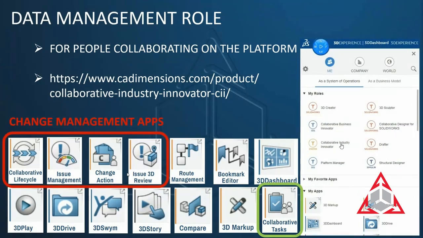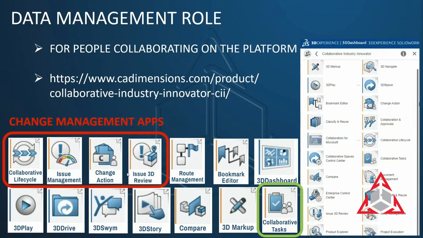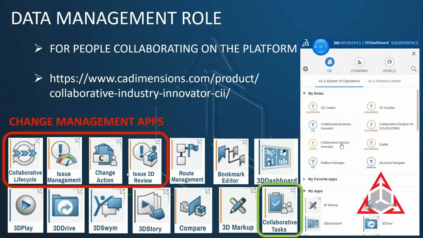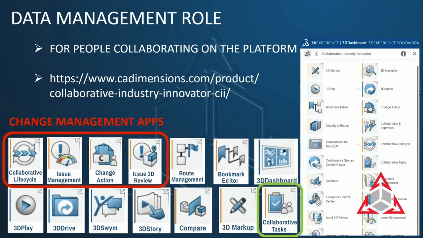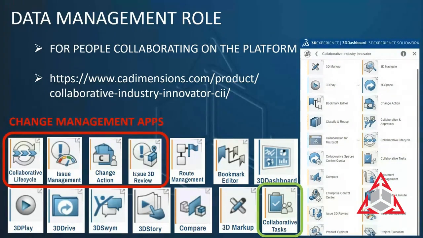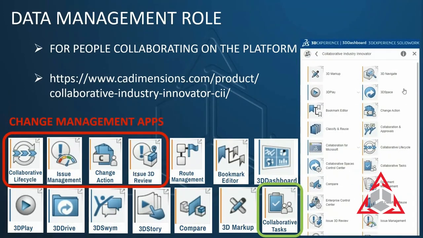You see the change management apps on the upper left, and on the lower right I have in green the tasks, which can also tie into the change management. What's cool about the platform is that a lot of these different apps, and it looks like there's a lot of them, just work together on their own. You don't really have to do much to have them interact together.